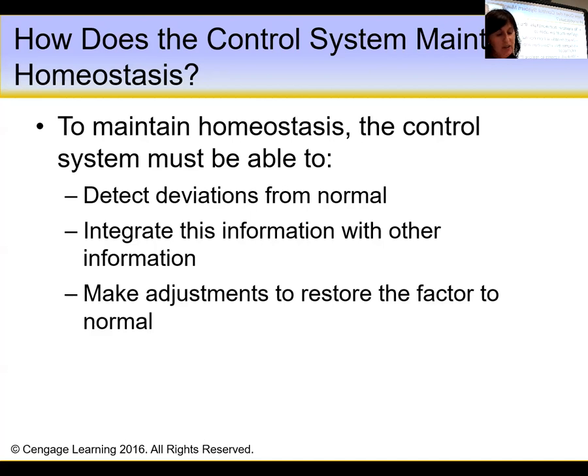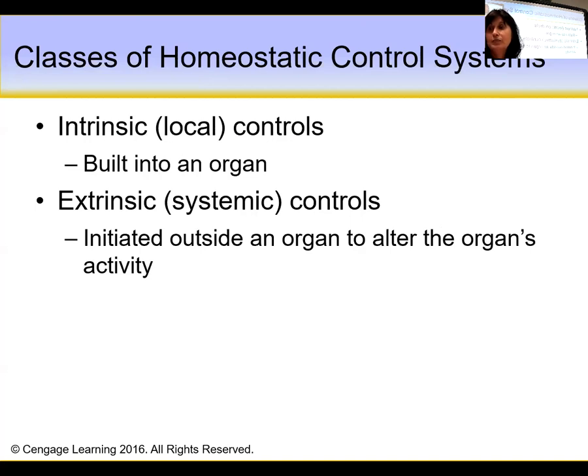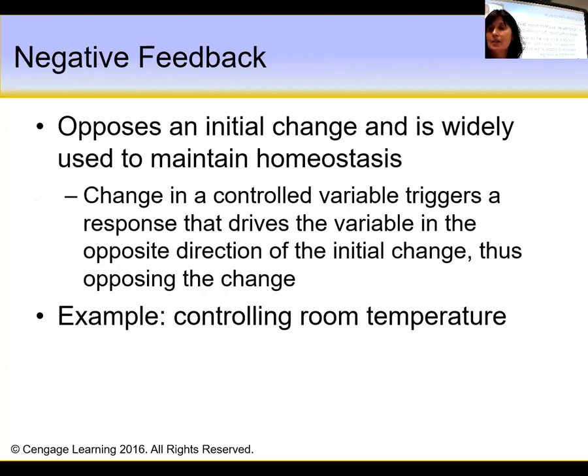It's basically similar in our body. So we detect the differences, the deviations from normal, integrate this information, and then make adjustments to return it back to normal. So intrinsic, anytime you see intrinsic, means it's inside, internal, right, built into the organs. Extrinsic, outside, to alter the organ's activity. All right, so negative feedback is the key to this whole thing on homeostasis.